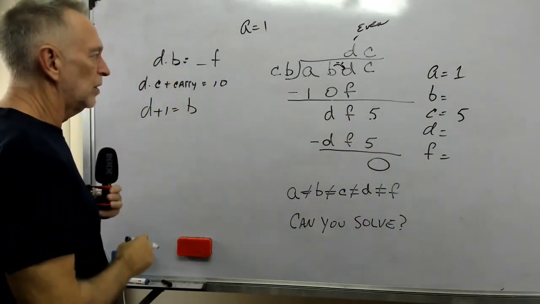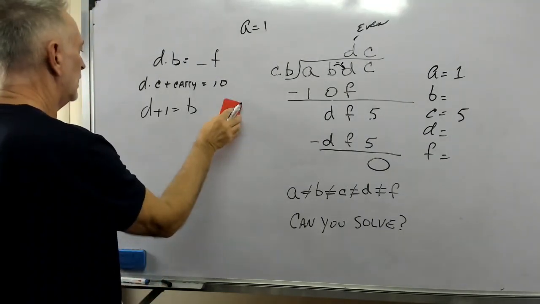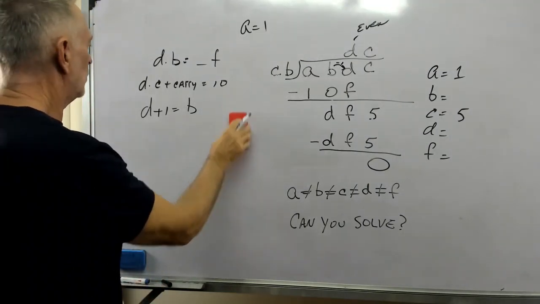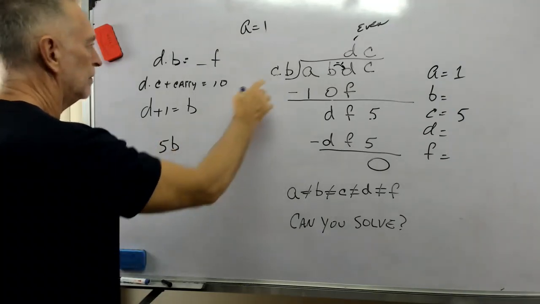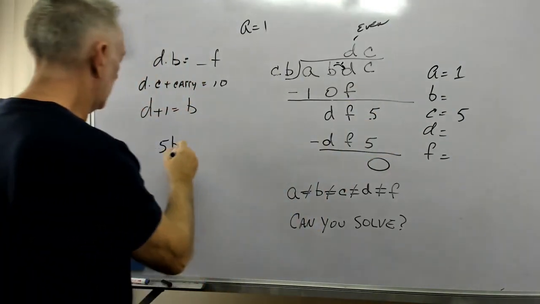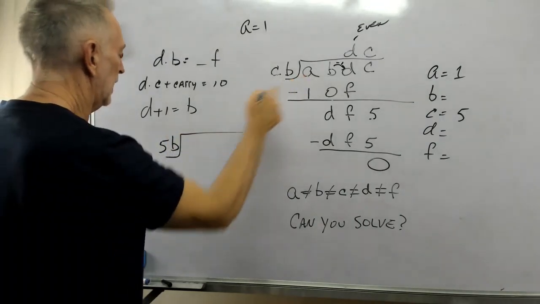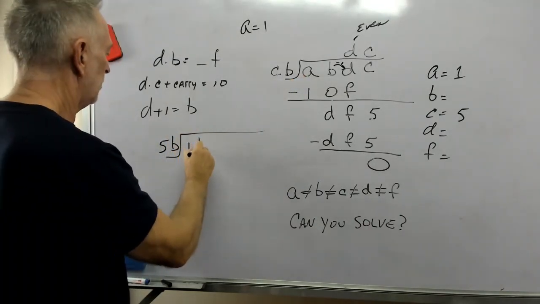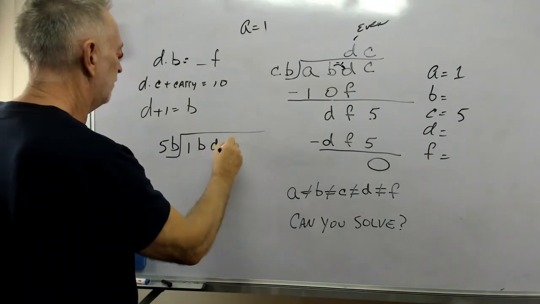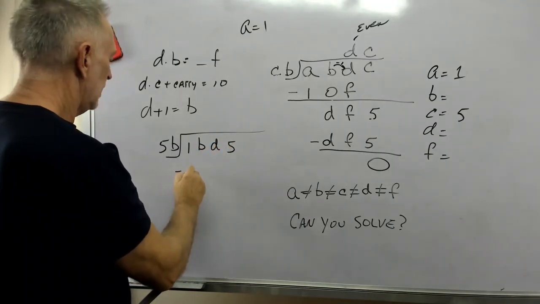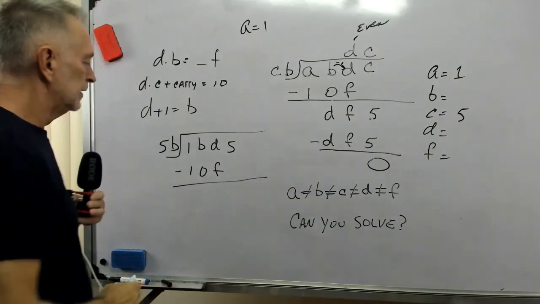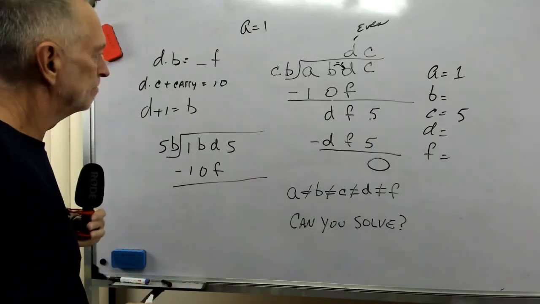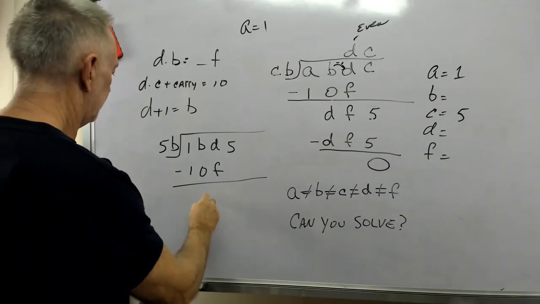Okay, so we're rolling on here. So what do we know? D plus 1 equals B. All right, so I have 5B. C was 5, 5B, A is 1, so 1B, D, 5, minus 10F equals DF5.